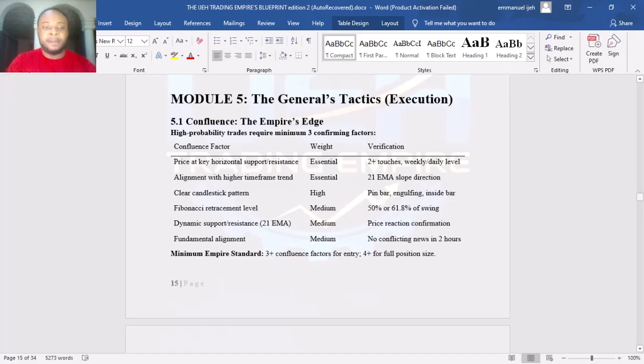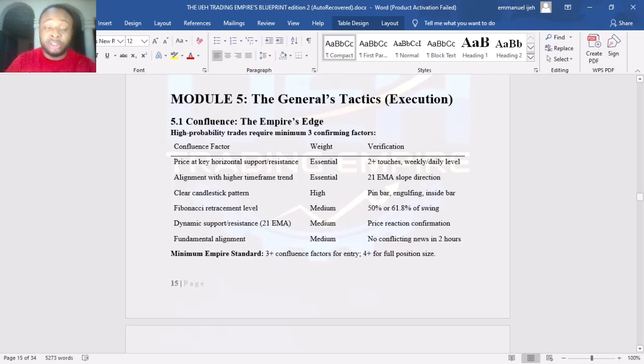So that is it. Take note of alignment with the higher time frames. I already told you the daily and 1 week candle, depending on the type of trader you are, you need to start from the daily, weekly candle, sometimes monthly candle. You have the bigger picture of what you want to do.